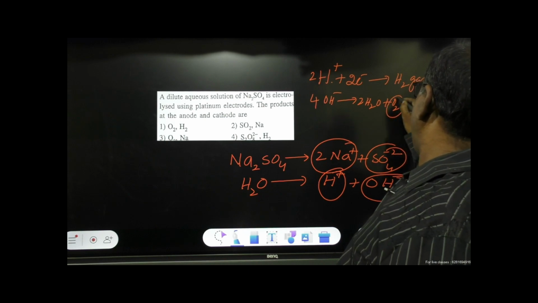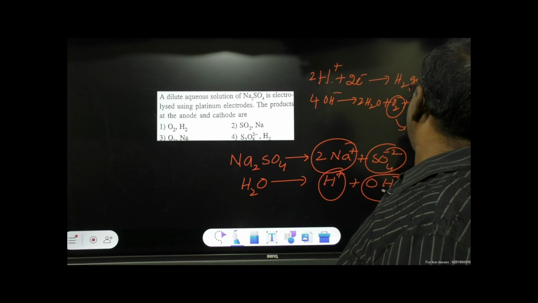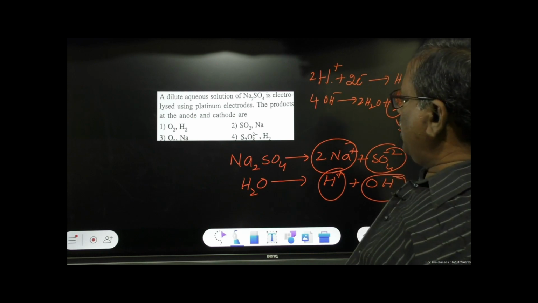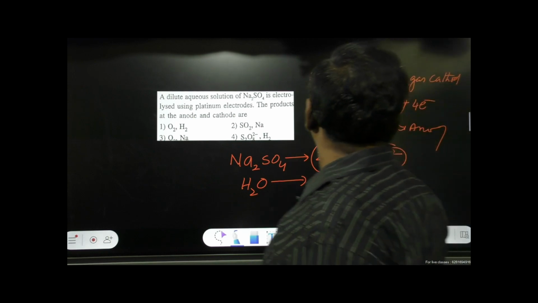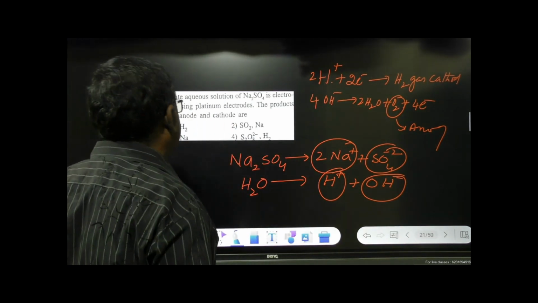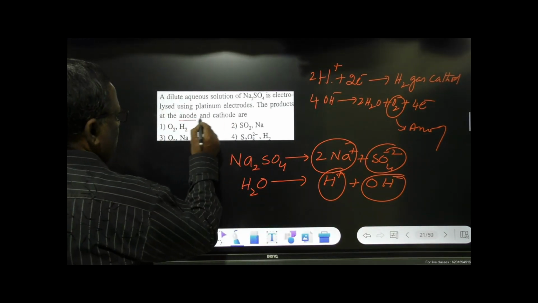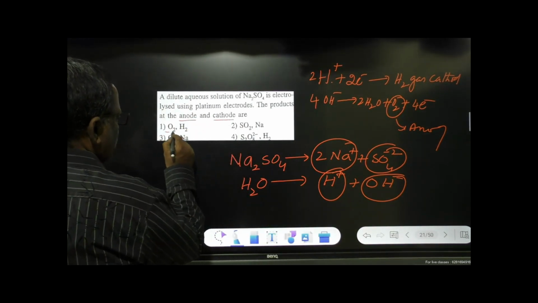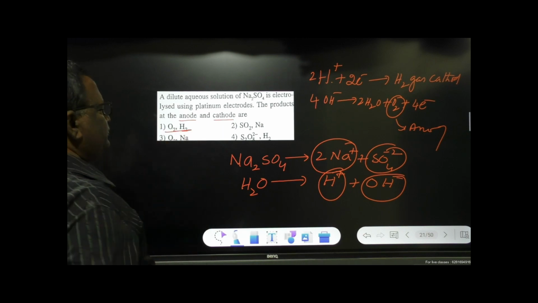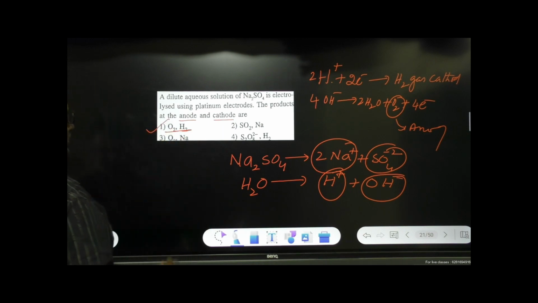So at the anode, oxygen gas is liberated, and hydrogen gas is liberated at the cathode. So anode then cathode: O2 and H2. First option is correct.